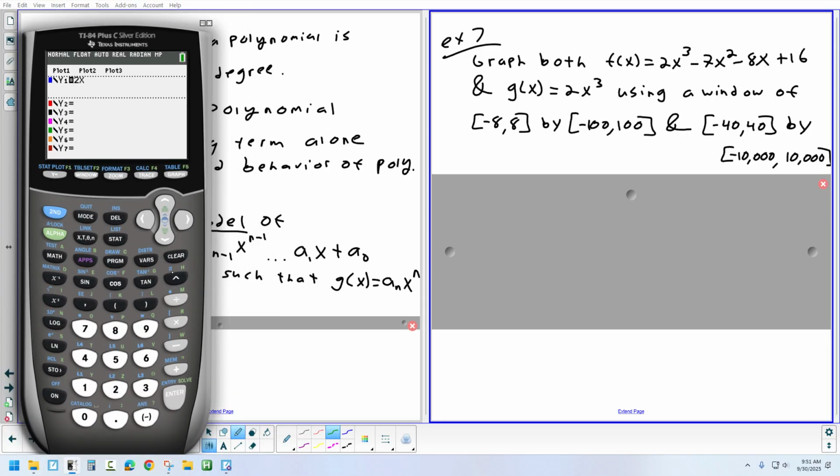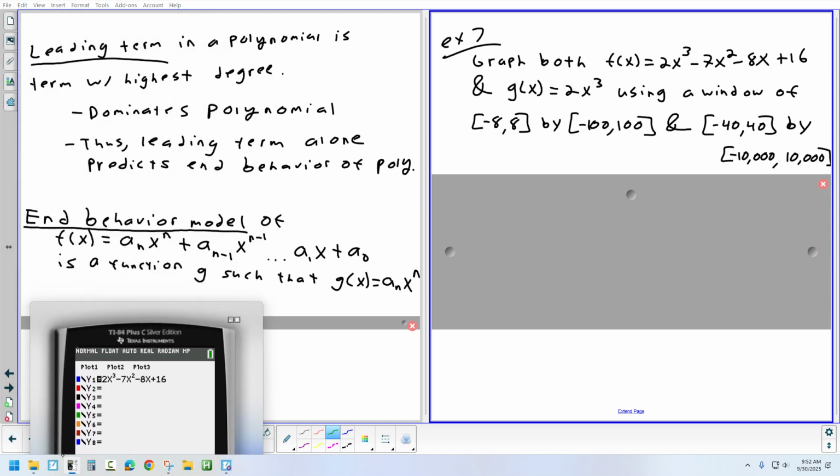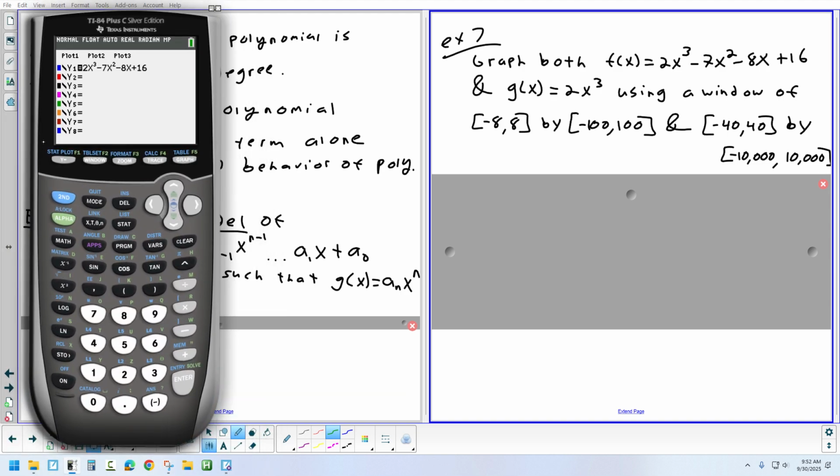Let's put in 2x cubed minus 7x squared minus 8x plus 16. And then the end behavior model is just the leading term, 2x cubed. They want me to use a window of -8 to 8 and -100 to 100. Okay, so we'll graph it.